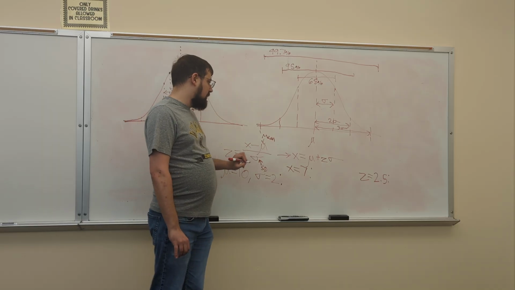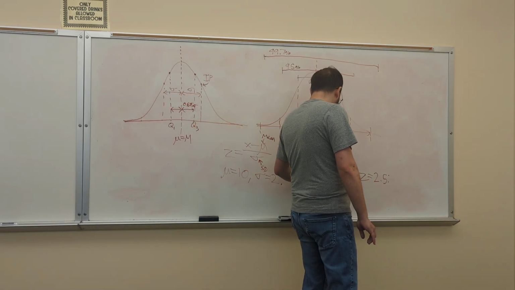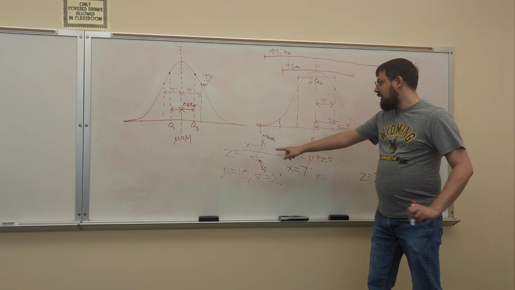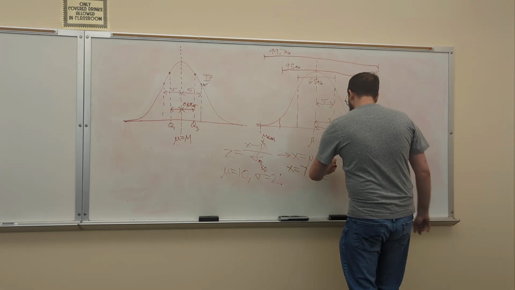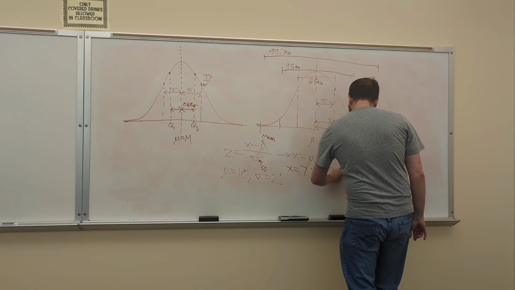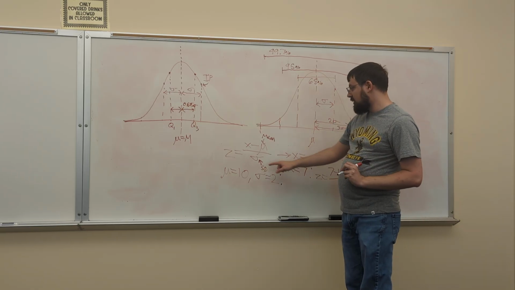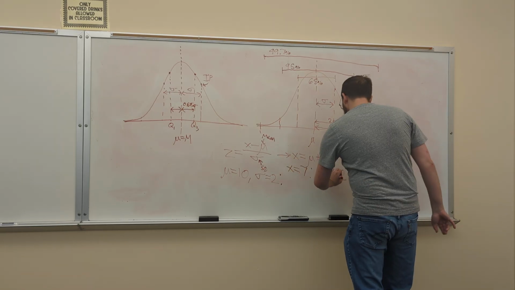So the way we would go about doing this is we would say z equals x minus mu, so x is 7, mu is 10, over sigma, which we said is 2.